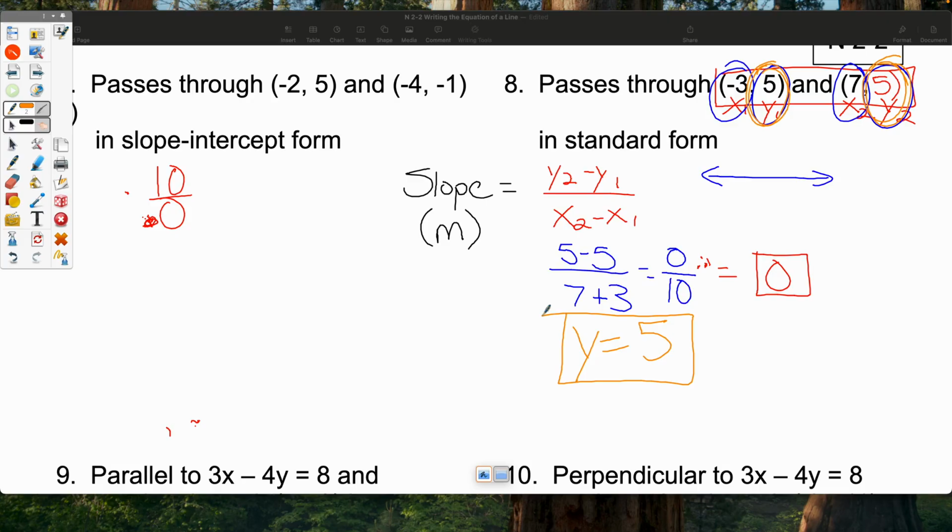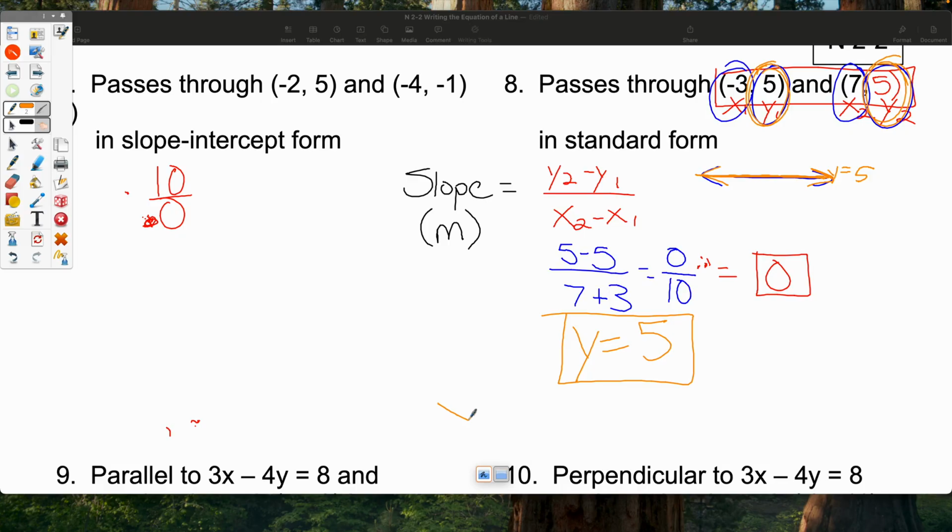Wait, I zoned out. Why is y equals 5? Is it because the y1 and y2 are the same? So 5? Because technically, okay, this is my horizontal line. This line is going to be on y equals 5. So it's y equals 5 for every single x value left to right, forever.